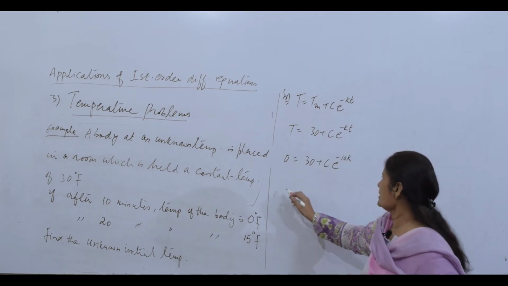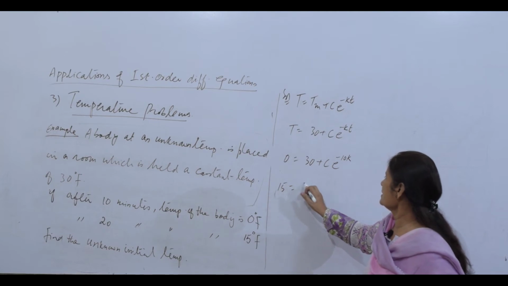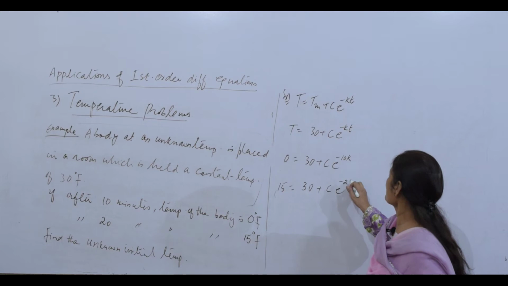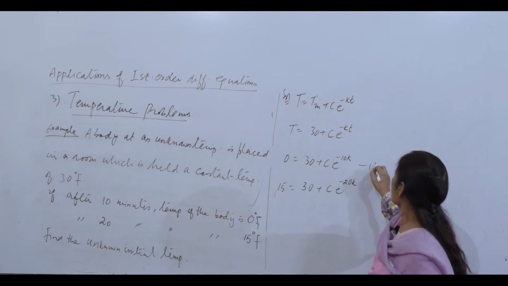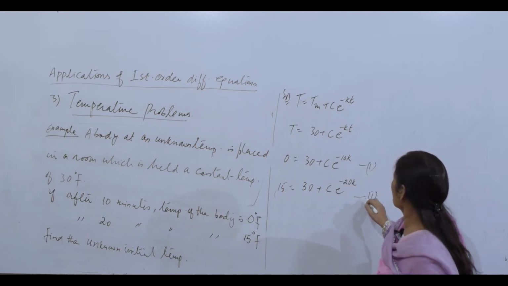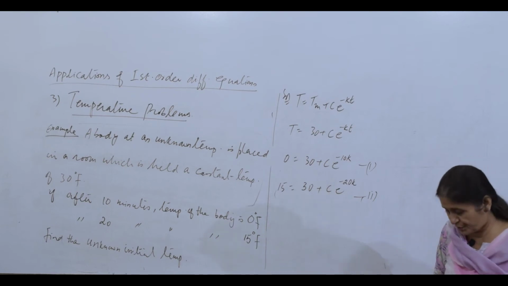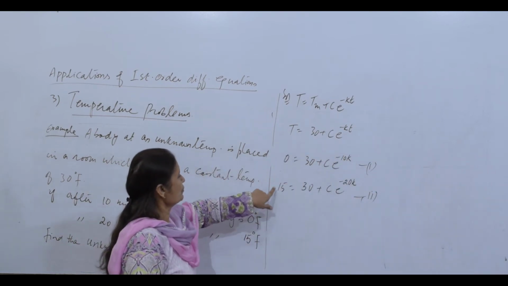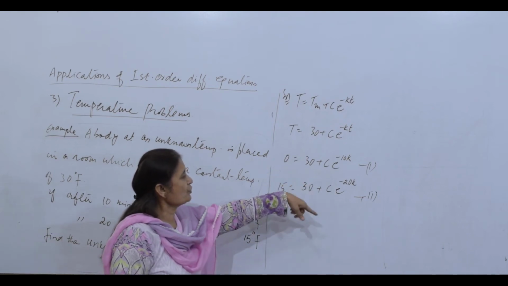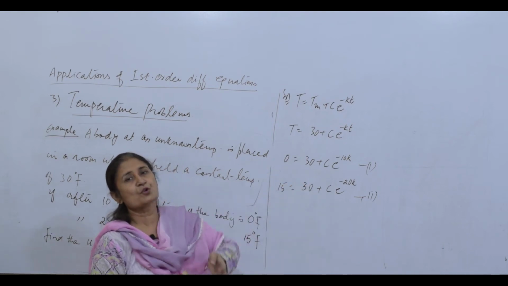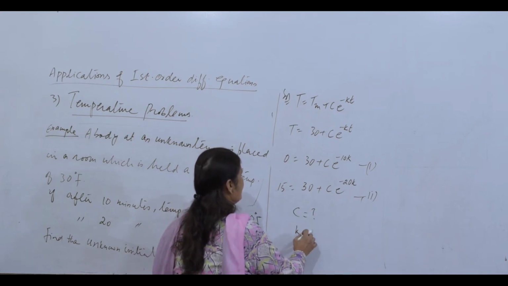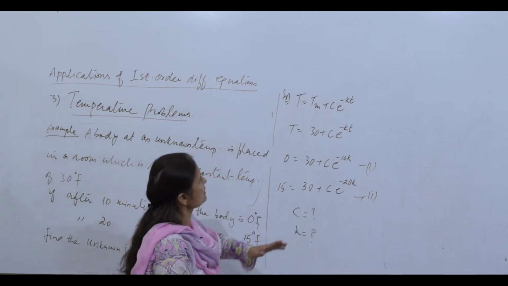And after 20 minutes, 15 is equal to 30 plus Ce to the minus 20K. Call it 1, call it 2. These are the information we have put in the equation, and two equations, two unknowns, solving them simultaneously for C and K. So finding C and finding K, and putting the values of C and K here.